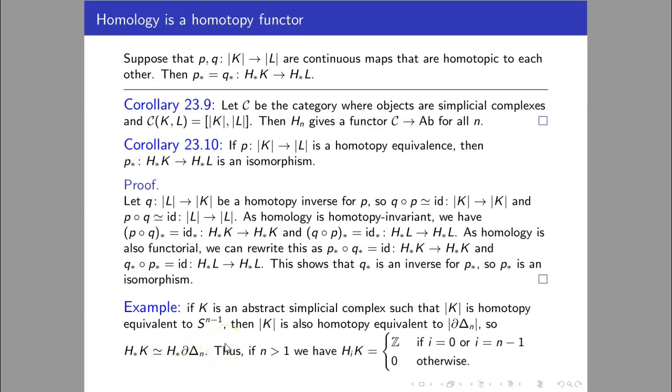And we calculated that homology of the boundary of delta n before. You get a Z in H_i K if i is 0 or i is n minus 1, and 0 in all other cases. So that tells us the homology of any abstract simplicial complex whose realization is a sphere.